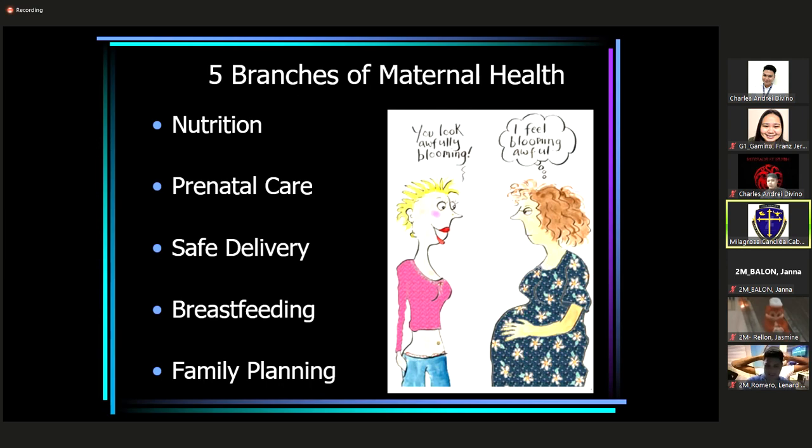Kasi nga dapat proper ang nutrition ni mama so much so she would be able to carry the baby healthy, no? Paano tutubo yung baby natin inside the womb kung ang mother mismo hindi kumakain ng tama? All right? What the mother eats, the baby also takes it. Okay? Kasi they are one.